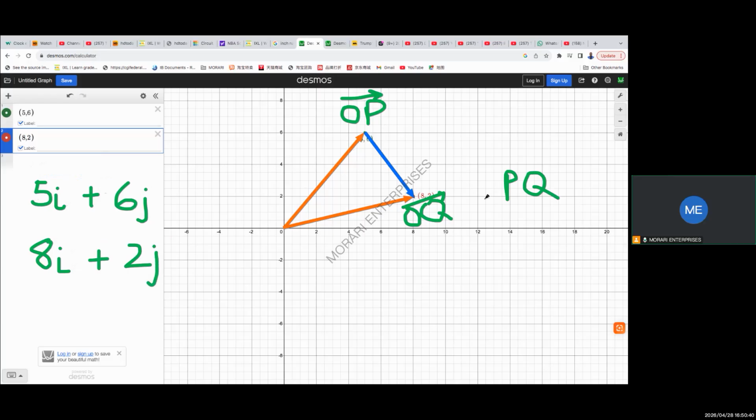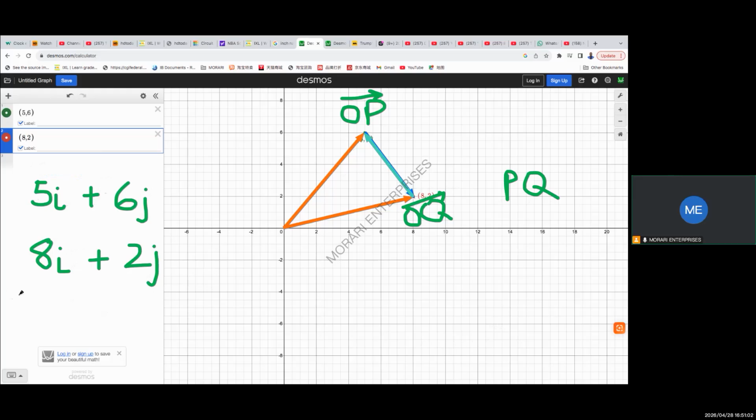And mind you, PQ is different from QP. QP will be from Q to P, right? The opposite direction.